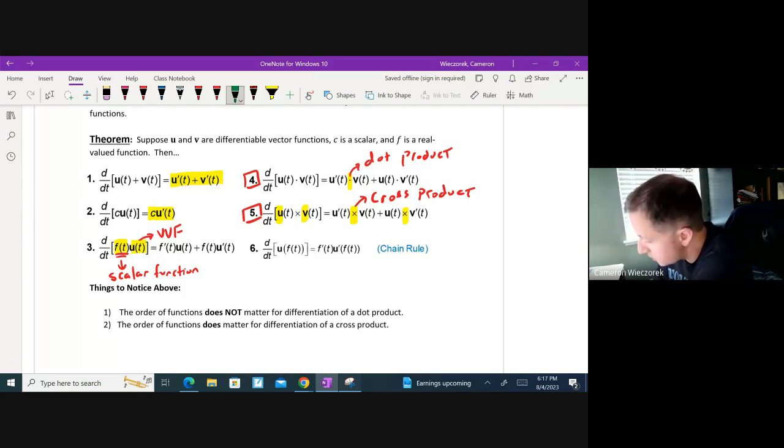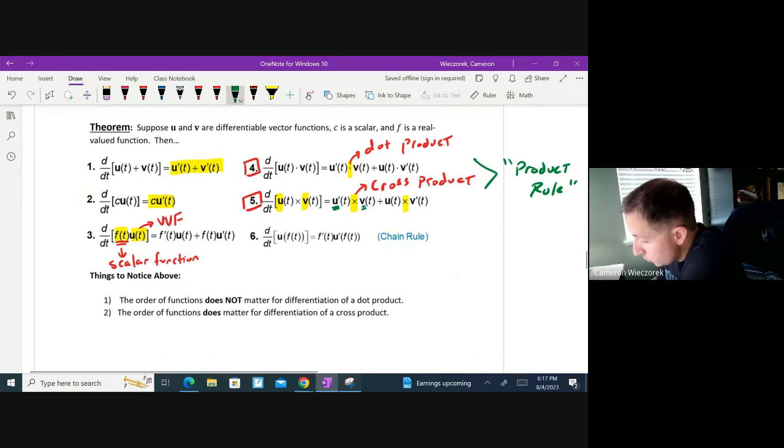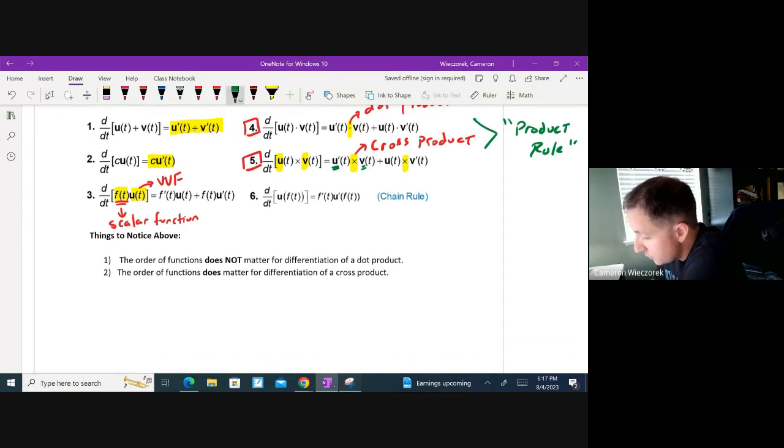So for each of these cross products, something with u should be listed first, and something with v should be listed second. But besides that, these are just kind of like normal product rule that you would have done last year, okay? And then the last one's a chain rule. If you take the derivative of a vector valued function that's composed with a scalar function, you can take the derivative of the vector valued function, evaluate it at the scalar function, and then apply the chain rule.